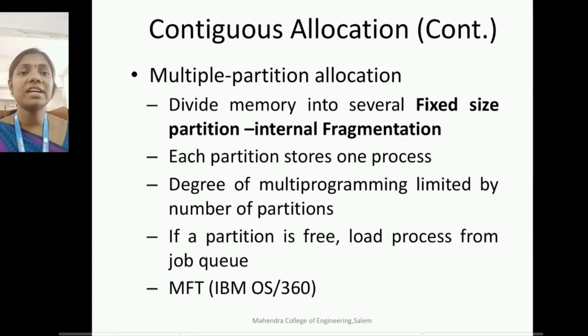If you take contiguous allocation, there is the single partition or fixed size partition. In fixed size partition, as I told, the available memory is divided into fixed sizes, and each partition has a fixed size of memory, which is given for the execution of a process. Actually, this fixed size partition leads to internal fragmentation.